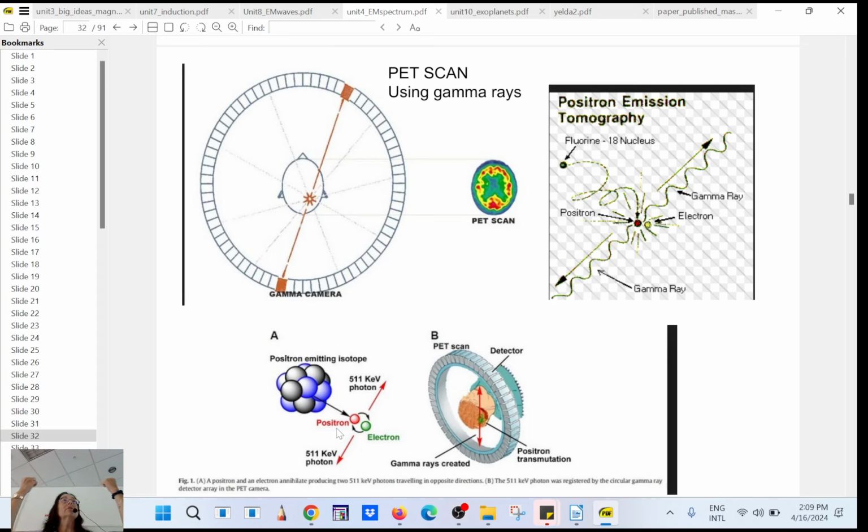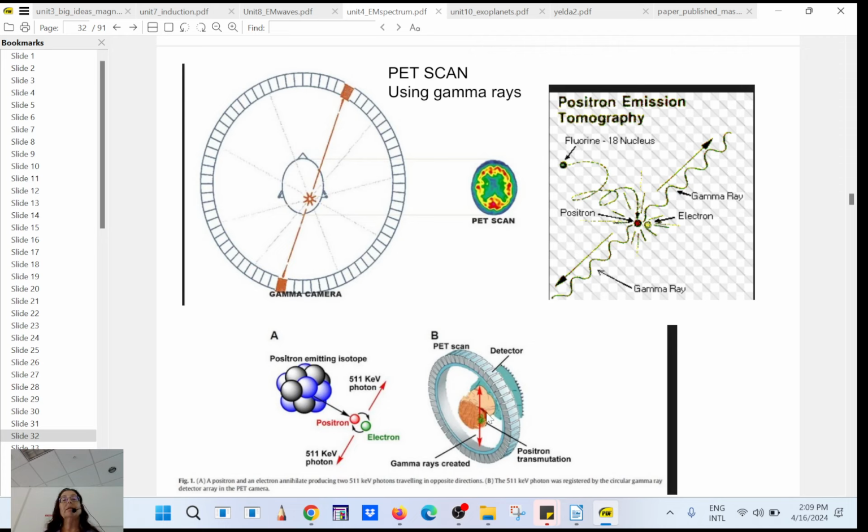They will destroy each other, and it's going to burp out gamma rays from inside out. So you're going to have bursts of gamma rays from inside out. It's always in one direction and the opposite direction because of conservation of momentum.